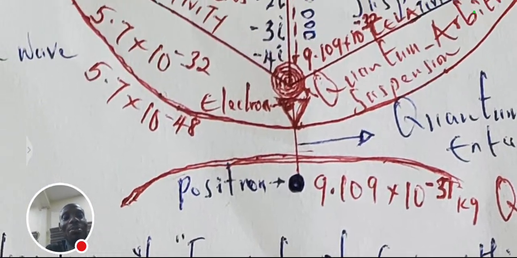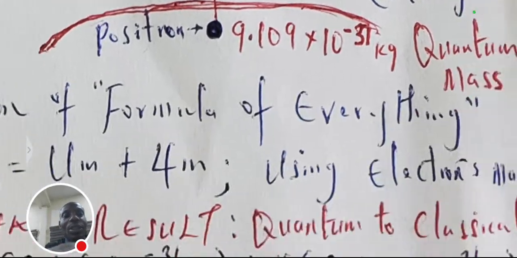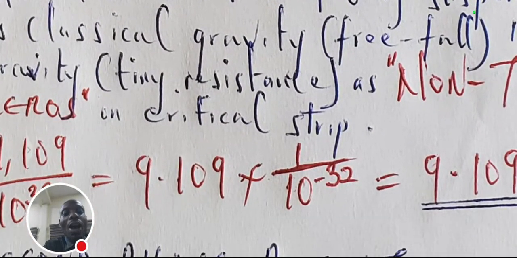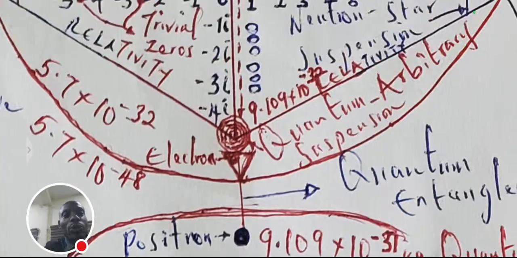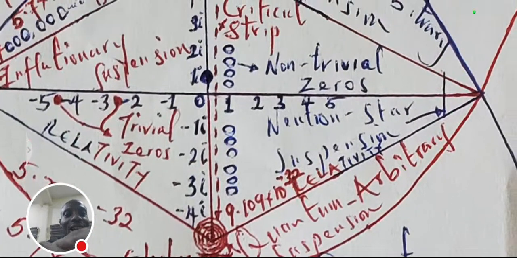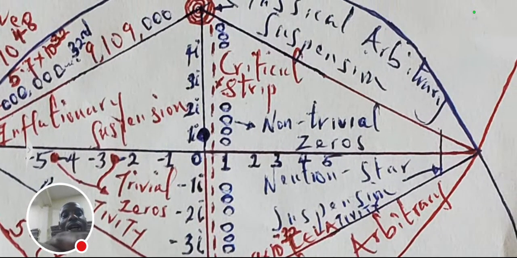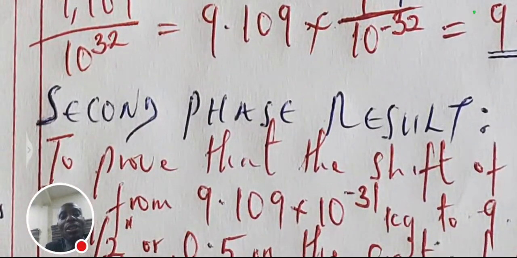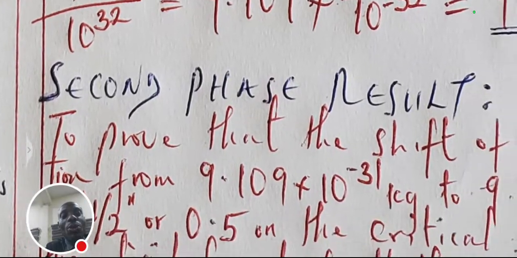Okay, so that being said, now we need to prove. How can we prove that all these vertical zeros are non-trivial zeros, and what connection do they have with prime numbers? So now let's solve that to solve the Riemann hypothesis. Okay, second phase result.